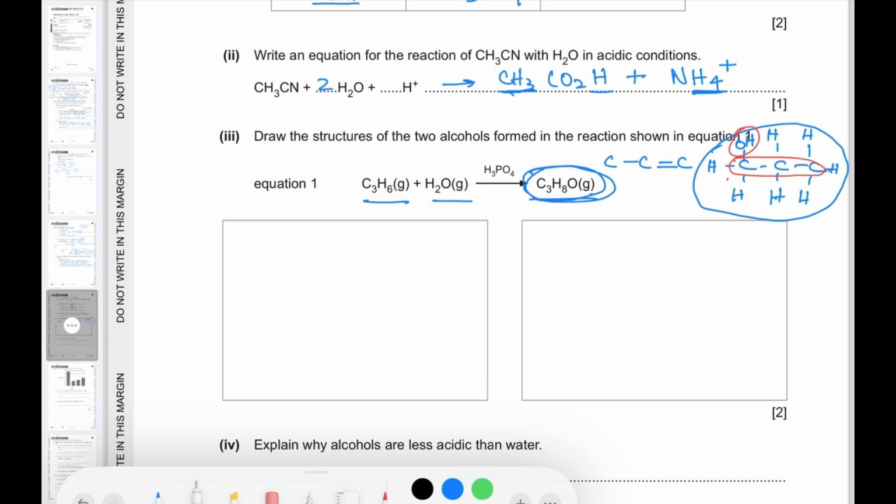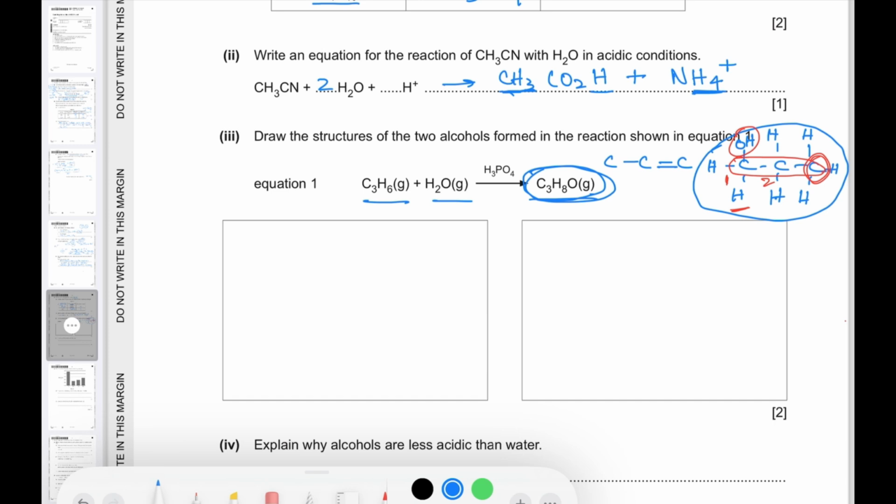It can be either on the first carbon atom or on the second carbon atom, which would form propan-1-ol or propan-2-ol. Also, it doesn't matter whether you place the hydroxyl group on this carbon atom or this carbon atom over here, since both of them are terminal and there are only 3 carbon atoms. Since both of them are terminal carbon atoms, it would still form propan-1-ol. Right.